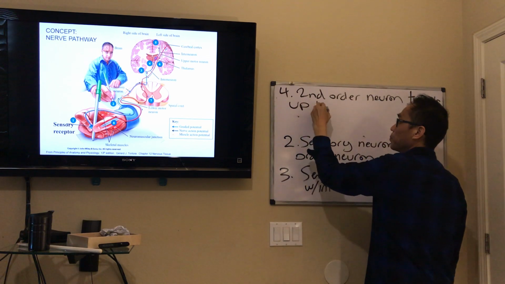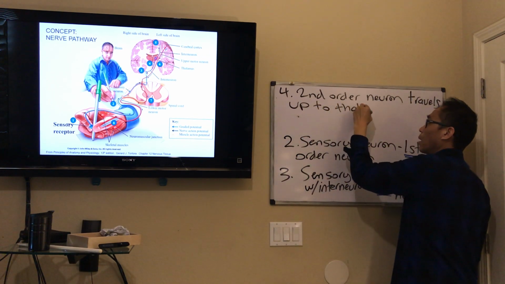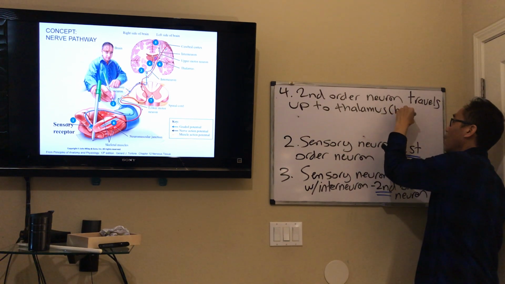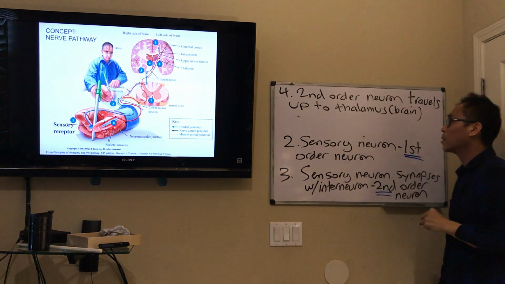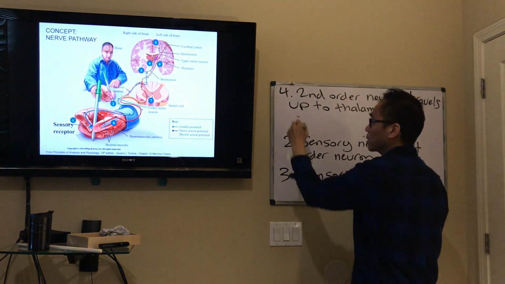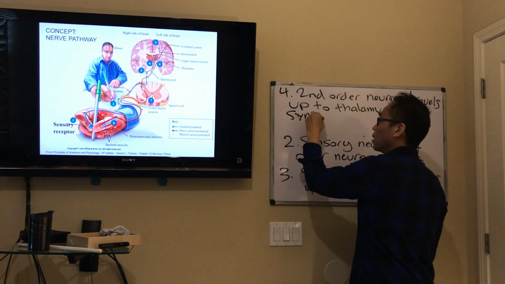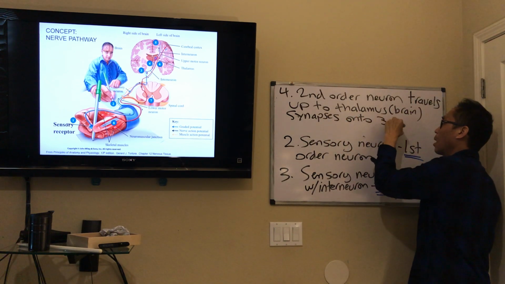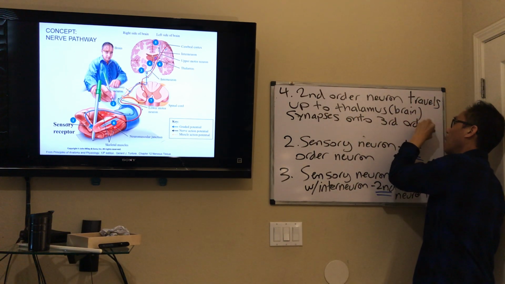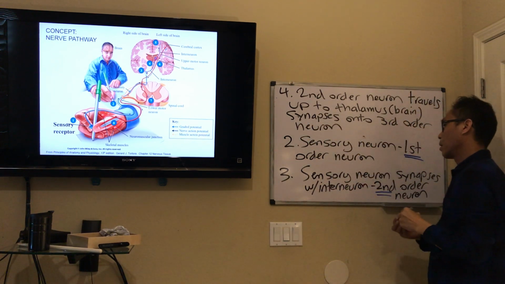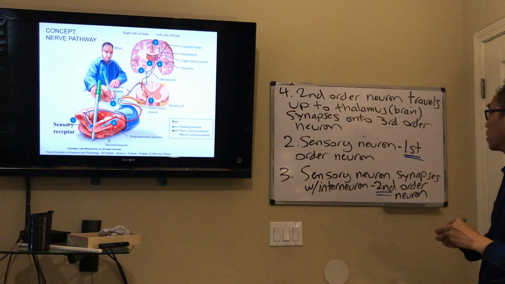It travels up to the thalamus, that's inside the brain, and synapses onto the third order neuron. So that's it.